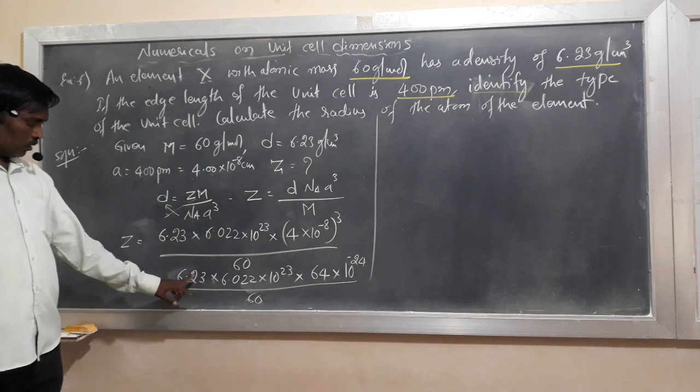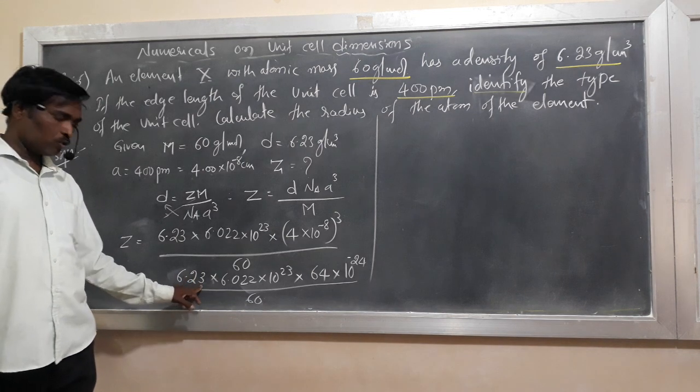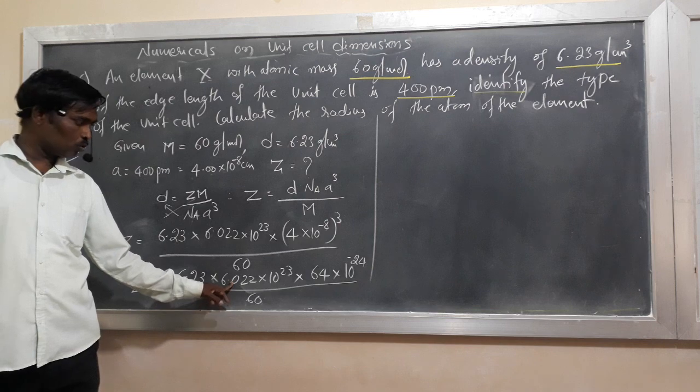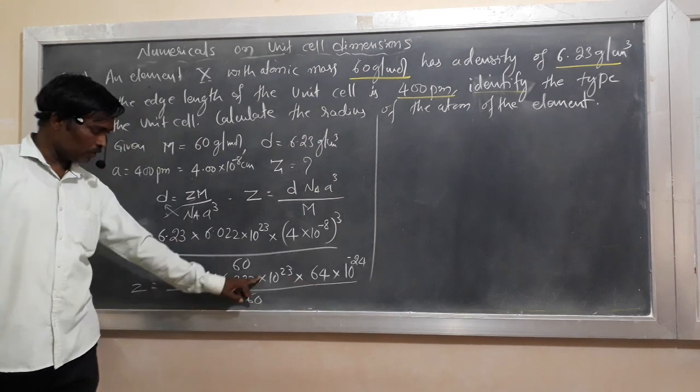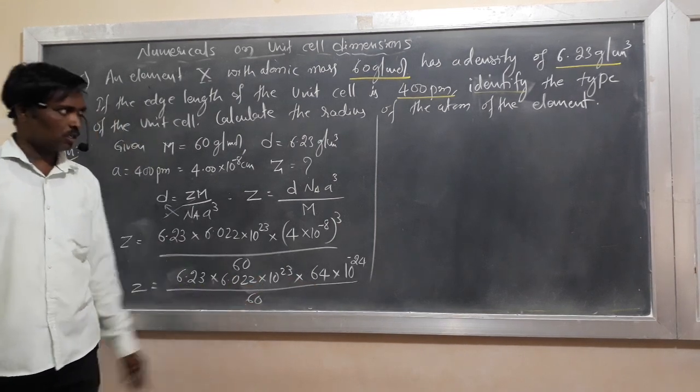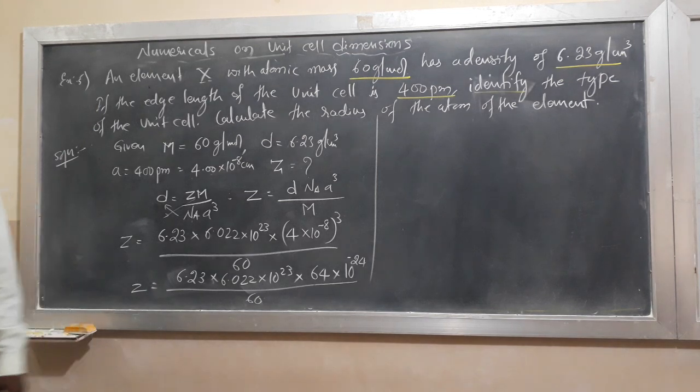Now multiply 6.23 into 6.022 into 64, then divide that final answer by 60.